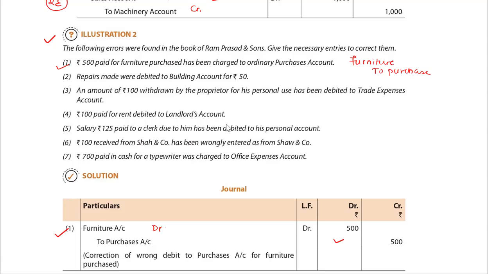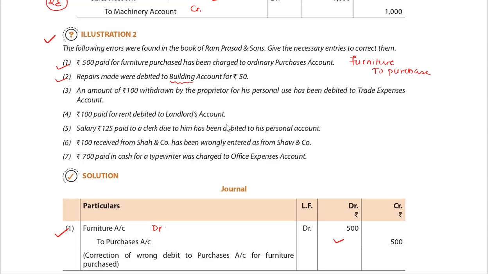Let's see the second one. It is interesting. Repairs made were debited to building account for 50. If you had made the repairs and the repair is not specific to building, then it should be repair. We are not talking about the installation cost at the beginning of the building.